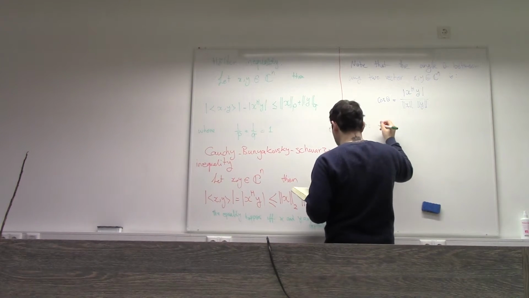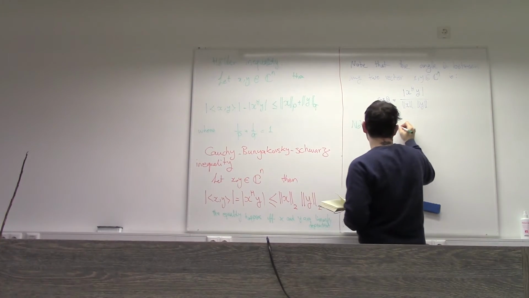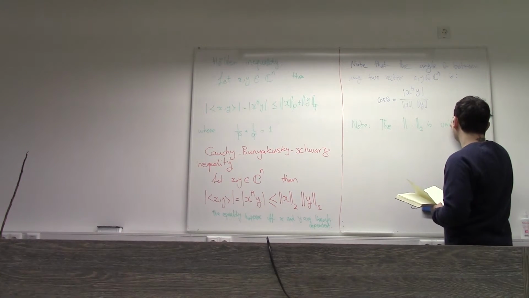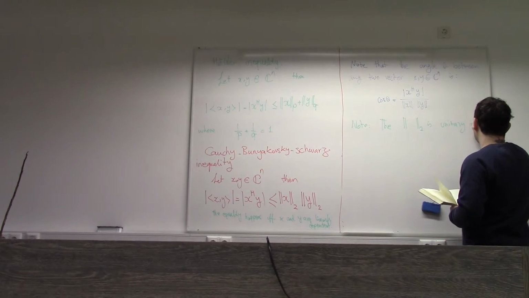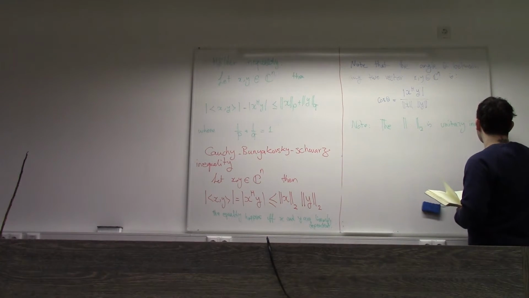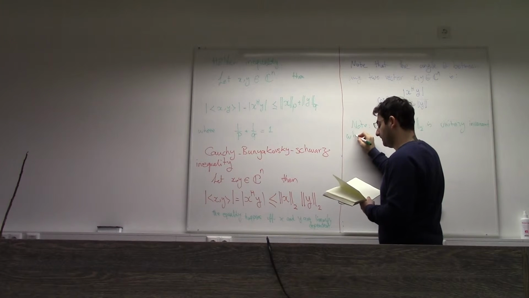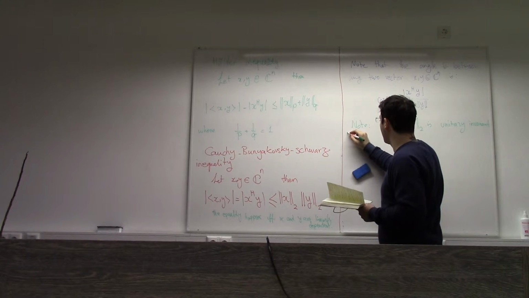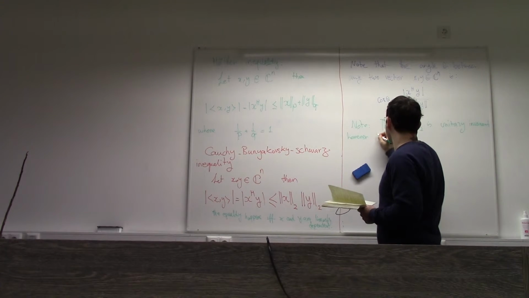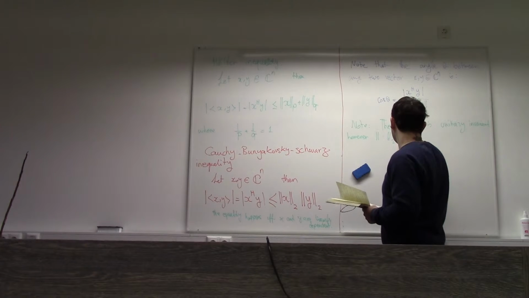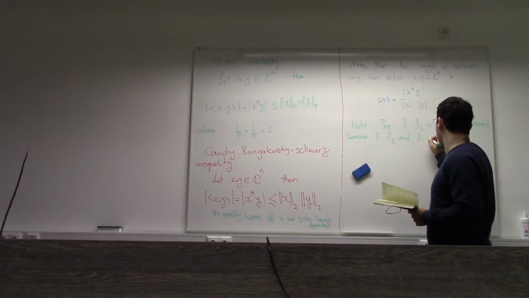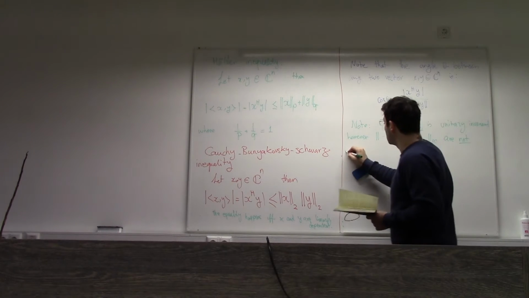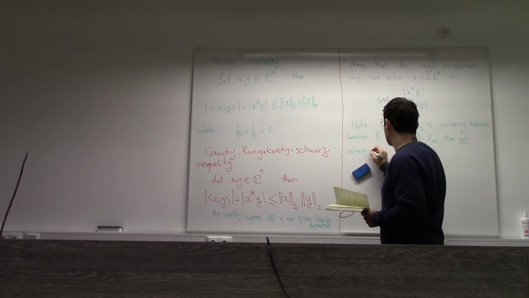Another note is the second norm is unitary invariant, whereas norm 1 and norm infinity are not unitary invariant.